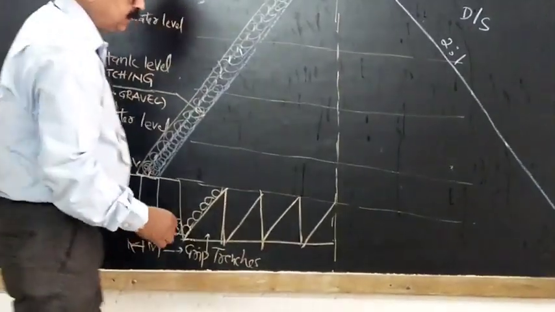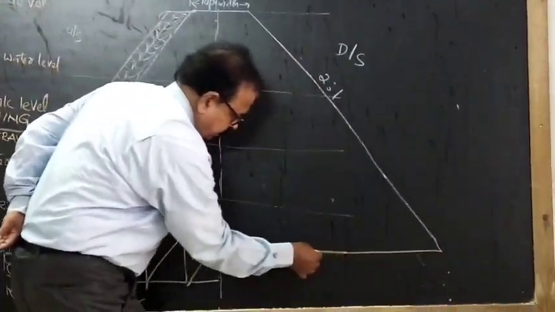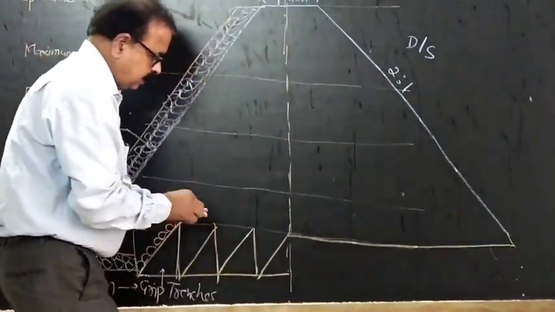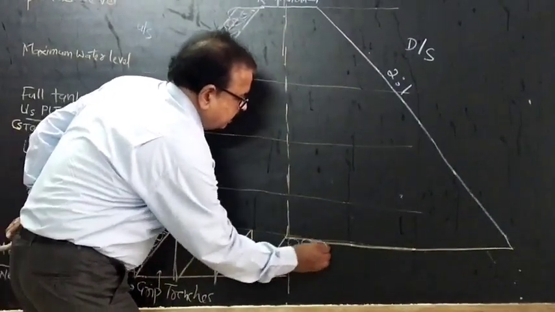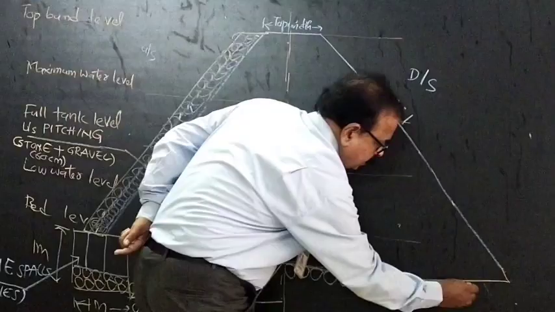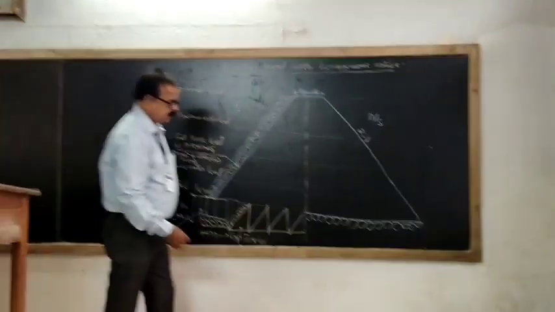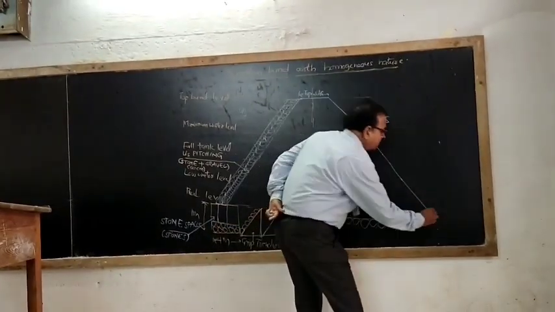And on the downstream side, again we have to draw one more important revetment. That is called the bed level revetment, which is covered up to the edge of the downstream side, and its thickness is 75 mm.